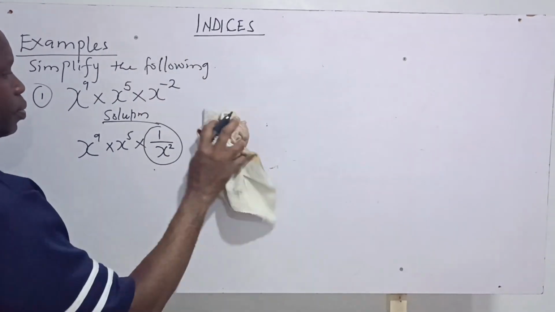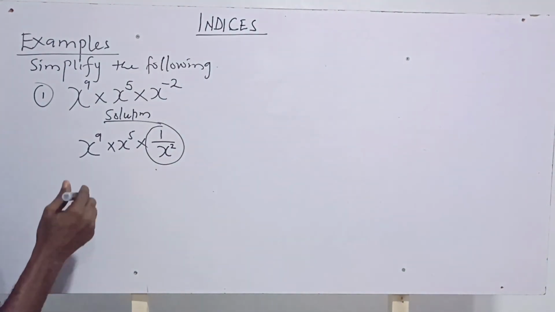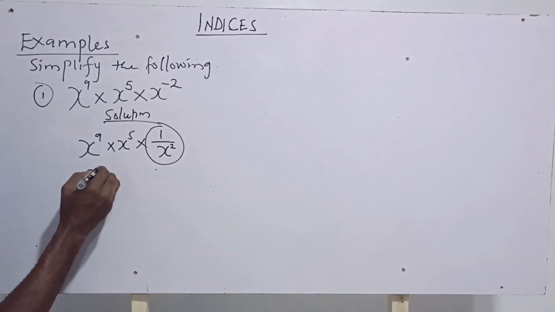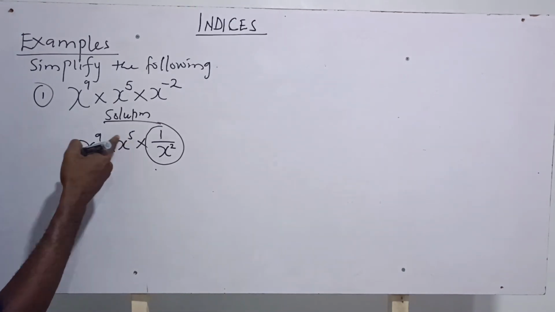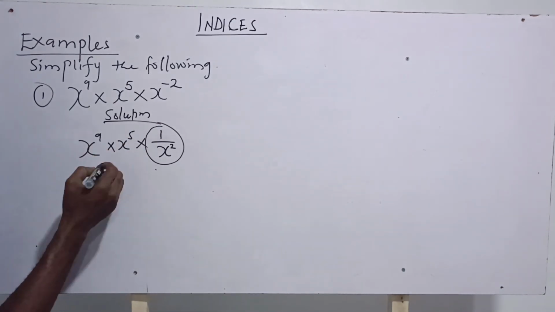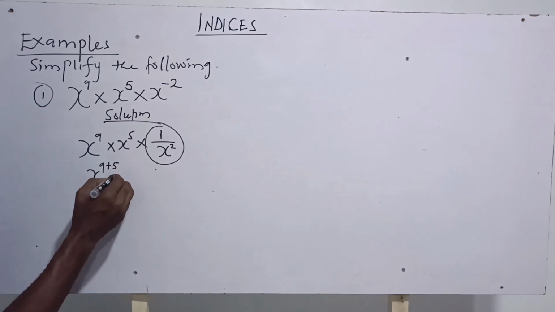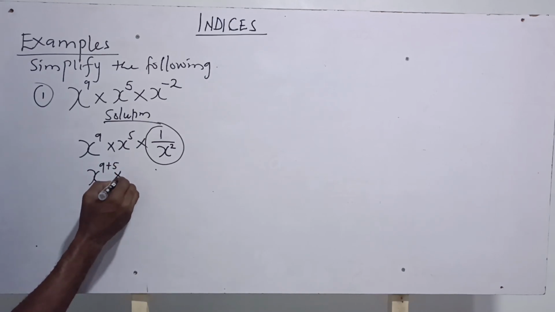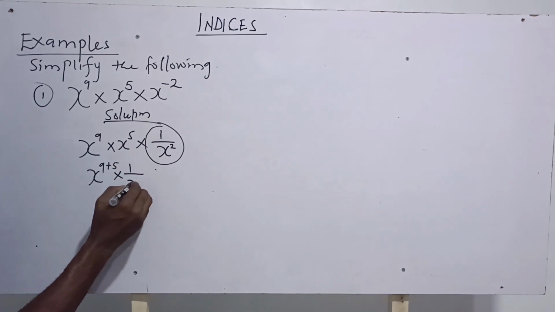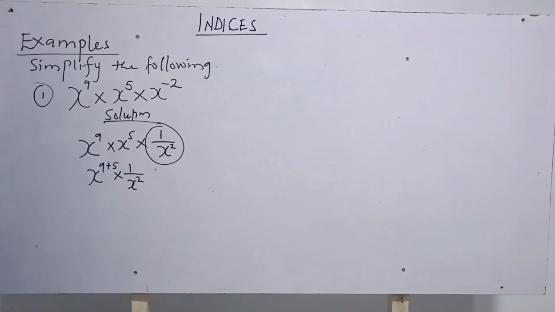Now, moving on. x raised to power 9, because of the multiplication sign, this will give us plus 5, multiplied by 1 all over x raised to power 2.